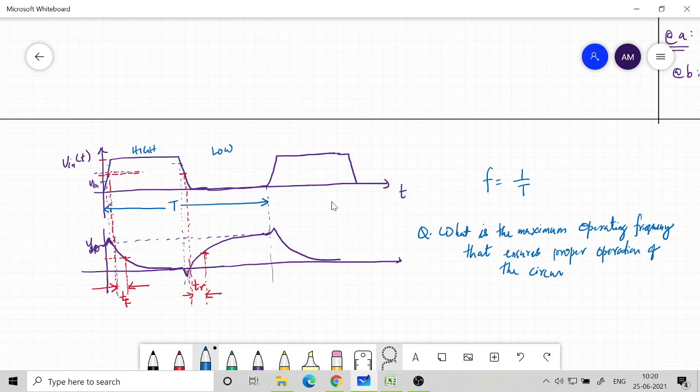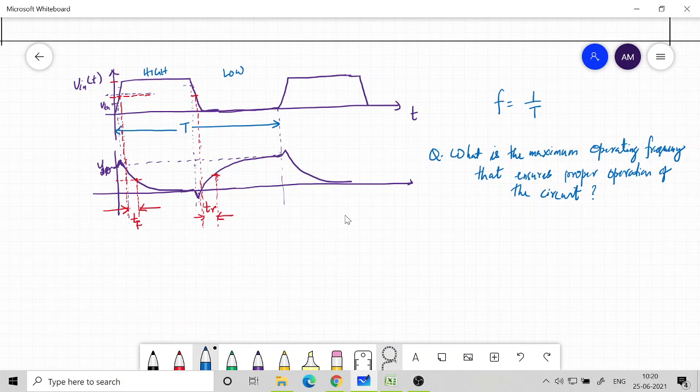That means for an inverter, proper operation means if I give high state, I should get low state. Otherwise, if it is still giving high output, then it is unacceptable. So I have to ensure that. There is a limit to which I can increase the frequency.